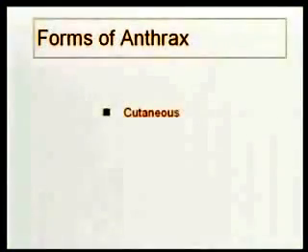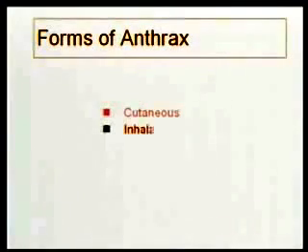The disease, most common, is cutaneous. And usually in individuals, it starts off as a cutaneous form. And then the other form is inhalation. The cutaneous form is acquired by handling infected material.